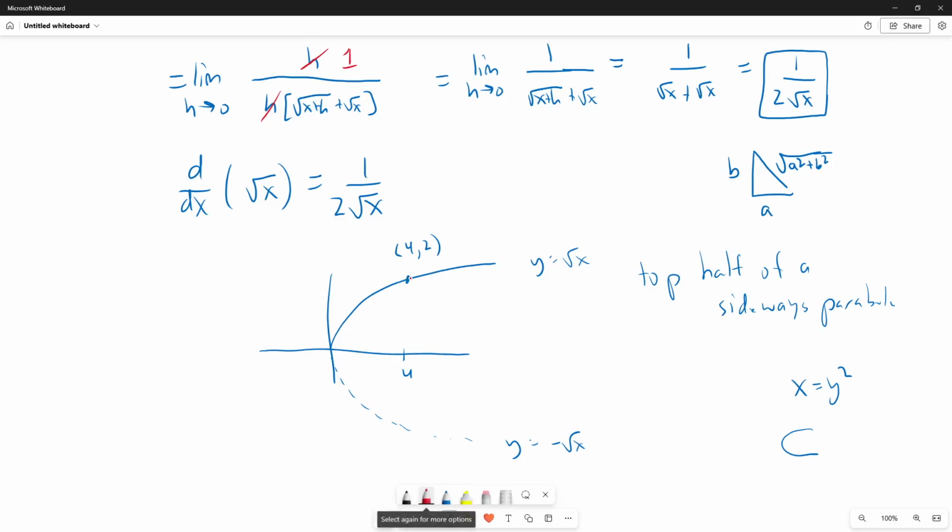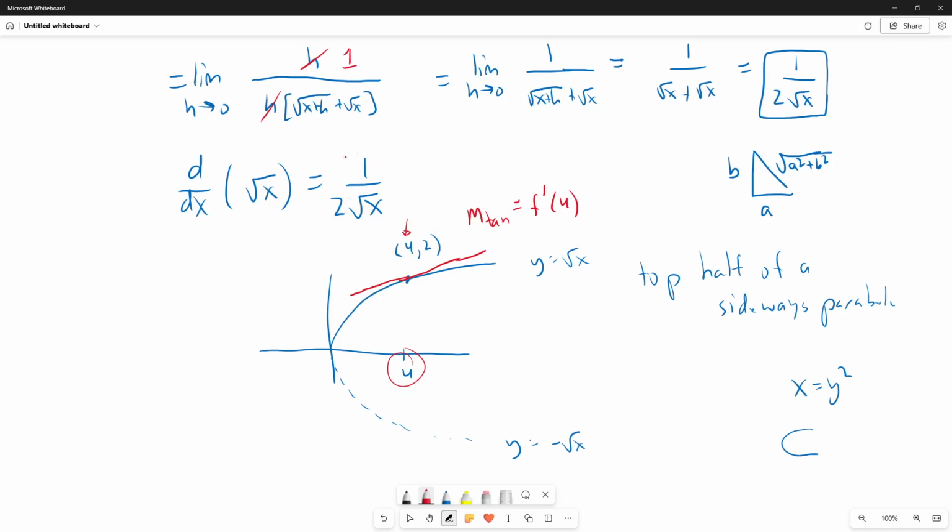It's on this curve, and we want to know the slope of this tangent line. The slope of the tangent line at this point is the derivative evaluated at 4. The derivative tells us the slope of the curve, and it's a formula for the slope of the curve, so you have to input into the formula the x coordinate of the point of tangency. So that was 4.